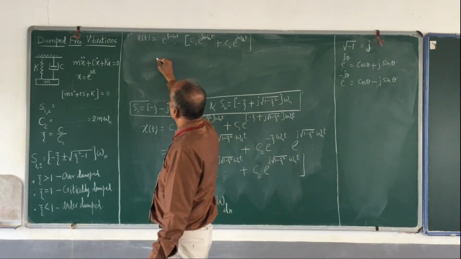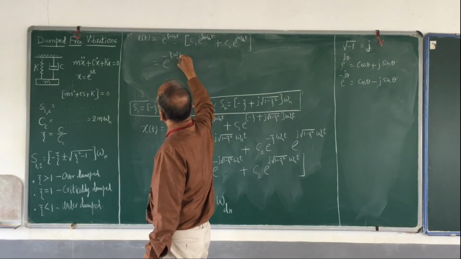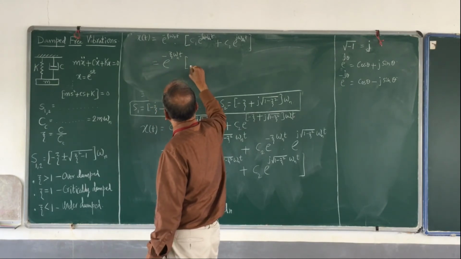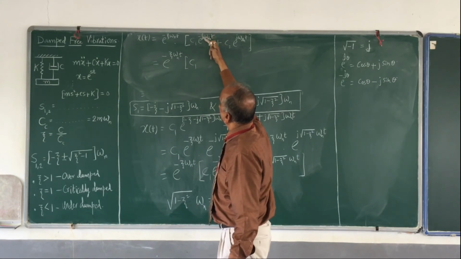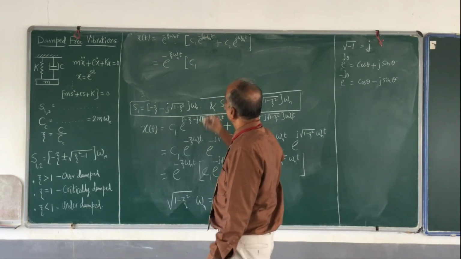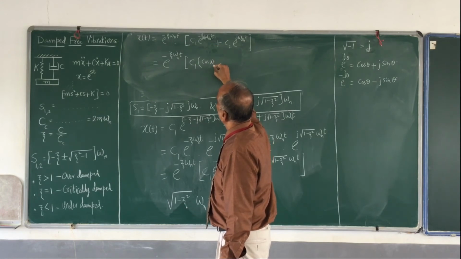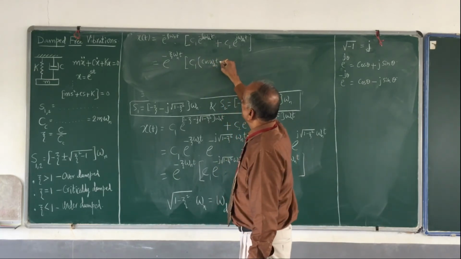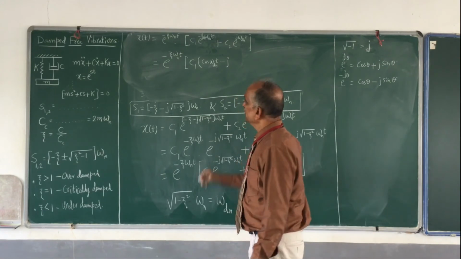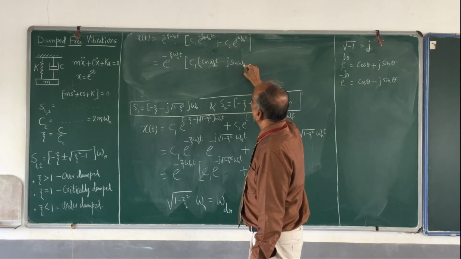This is what I would like to make use of. So e raised to minus zeta omega n into t into bracket, C1 e raised to minus j omega dn into t, where the whole thing is theta, is equal to cos of omega dn into t minus j into sin of omega dn into t.